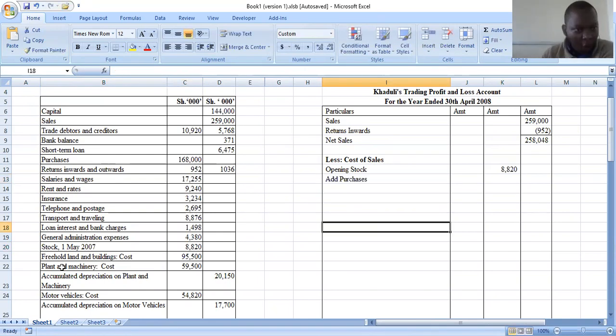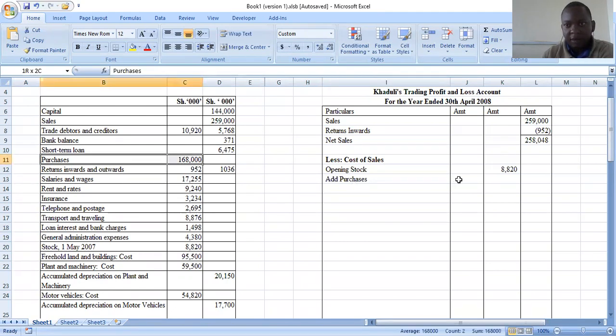How much is our purchases? 168,000. So we add them in the inner column there. And then we have some returns outwards.